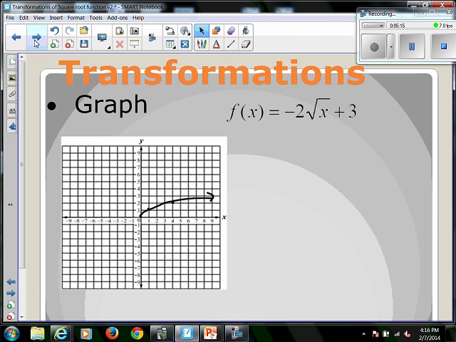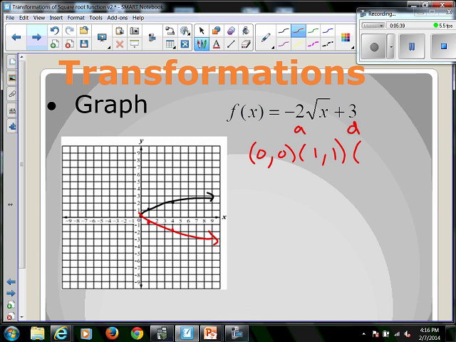Okay, we have A and D this time. A is negative, so we have a reflection over the x-axis. Now we have A greater than 2, so we're going to stretch by a factor of 2. Since A is 2, we're going to multiply just the y-coordinates by 2.